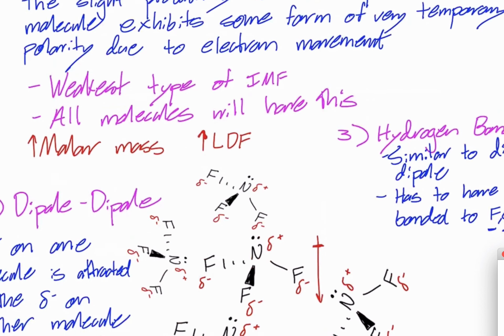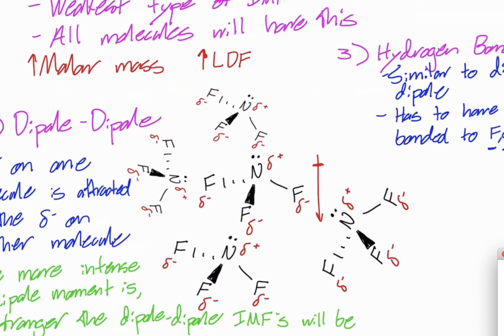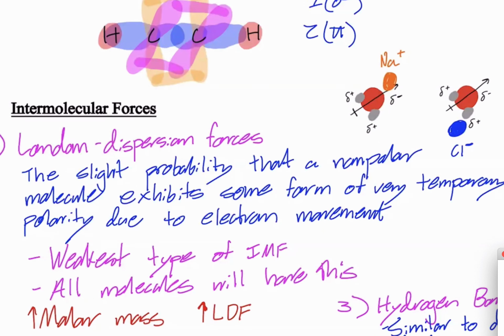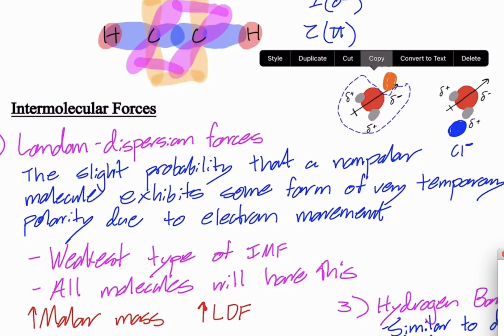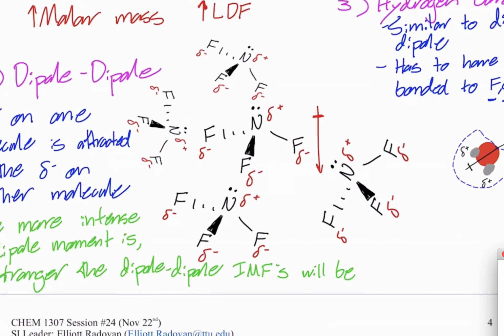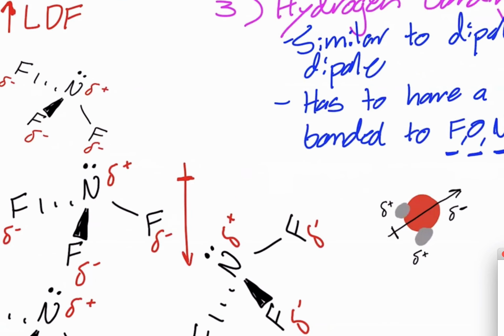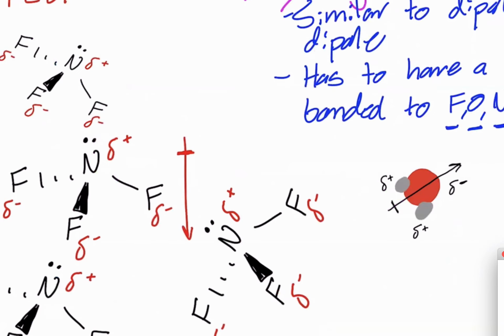So if we take the example of H2O, I'll just go ahead and copy this. What happens here with this H2O, that hydrogen is going to be bonded to the oxygen on that molecule. So we know that we can get hydrogen bonding from this, okay?